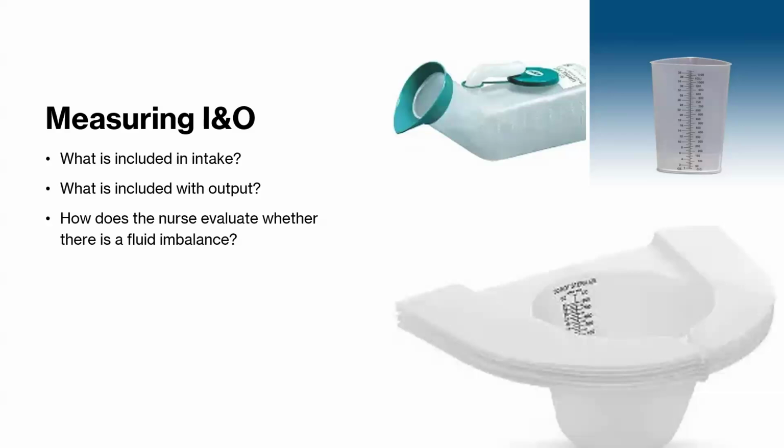Output is our urine output. Bedpan urinal measurements can range anywhere between 1,000 mLs to 1,500 mLs. And then if we see a patient not urinating at least 720 mLs in 24 hours, which is 30 mLs per hour times 24, then we need to know that because they don't have good kidney output.